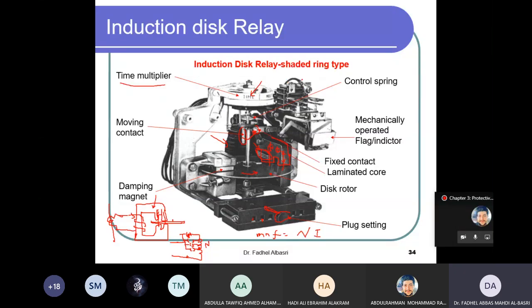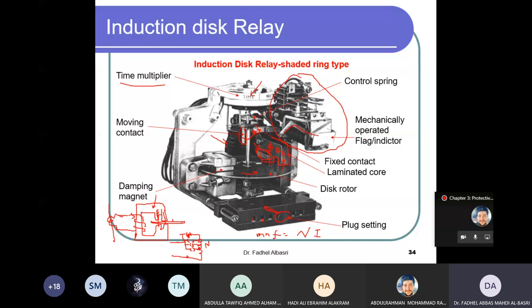So this is the relay. This part is another relay, different from the one I have explained now. This relay is just used for indication. If this relay trips, if this contact is closed, it will energize the coil. This is an attracted armature type, like a hinge type.